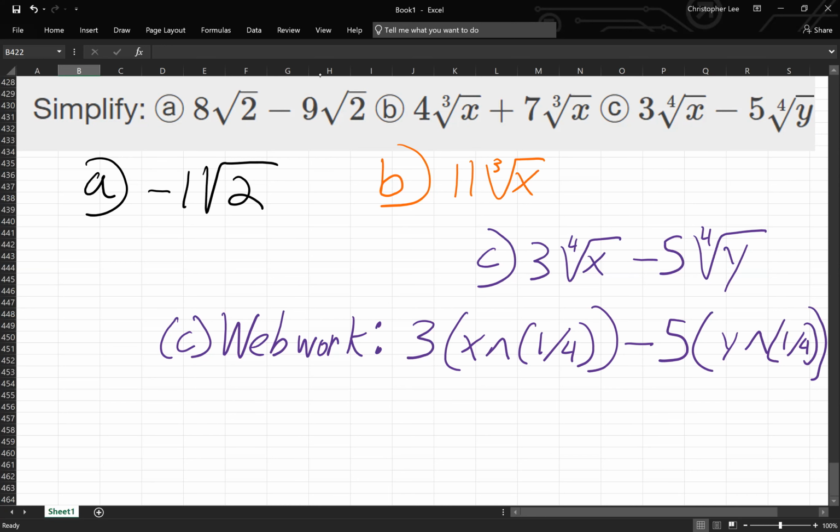That's how I would enter it. You can either type it out like that, or on the side of it, you can click it.